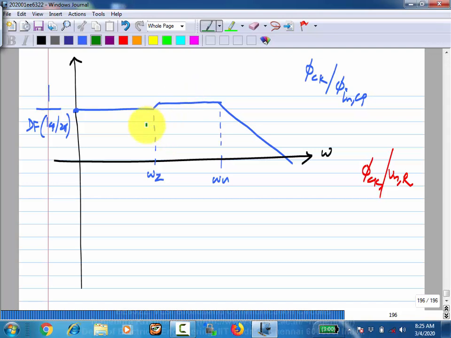It will have a different dimension, right?